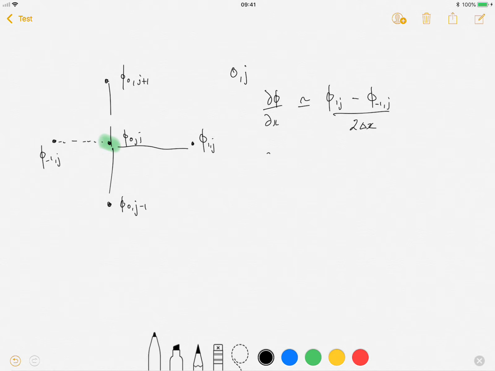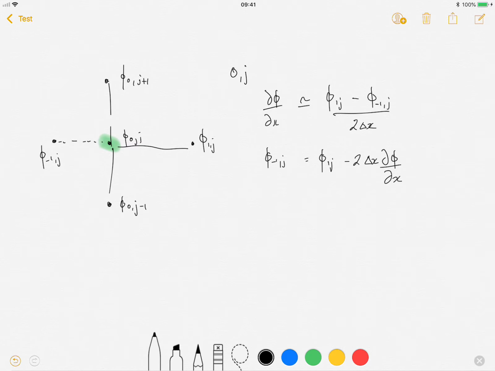Rearranging this, we get that φ(-1,j), which is our virtual node, is equal to φ(1,j) minus 2Δx multiplied by the gradient in the x direction.